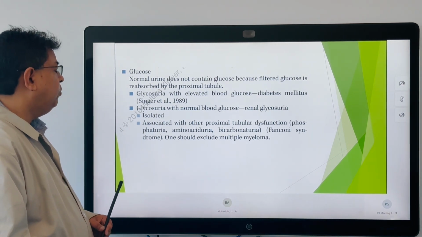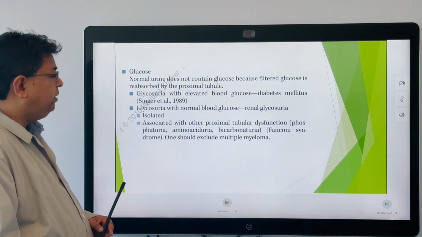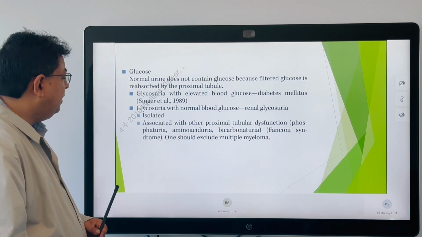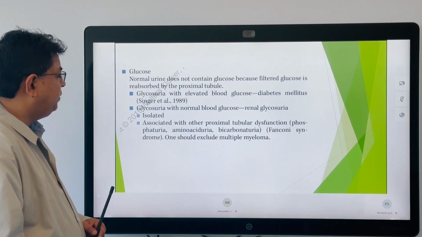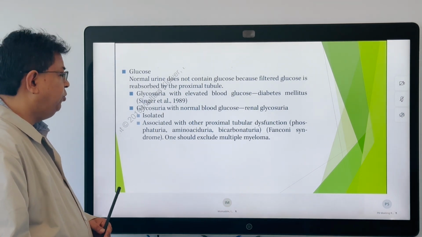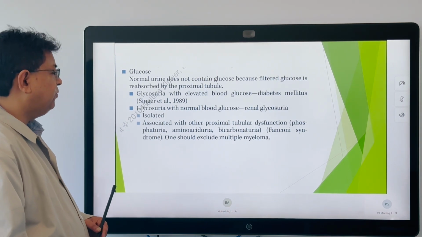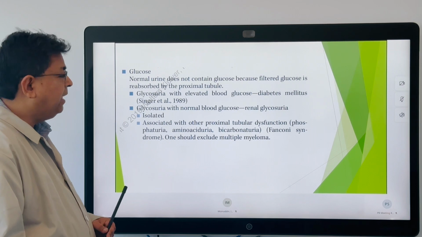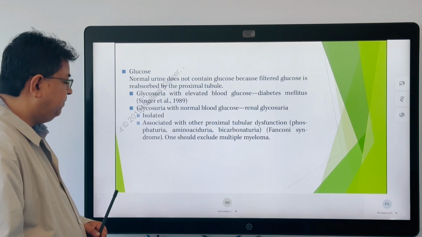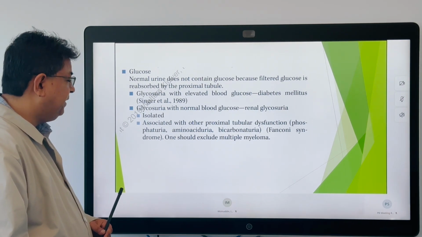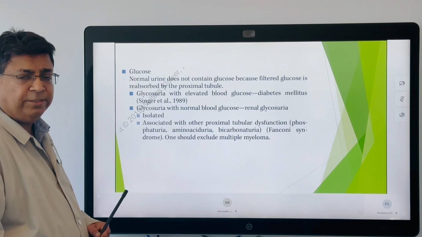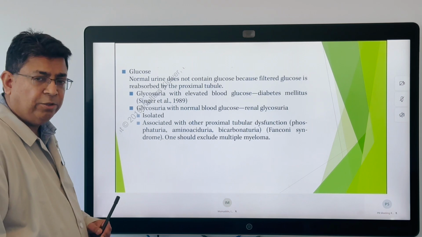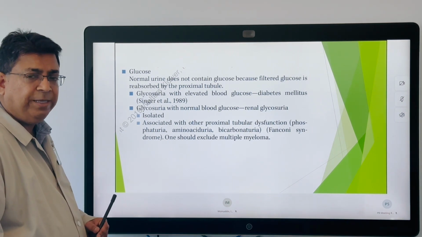If the serum glucose is normal and you have glucose in the urine, this is renal glycosuria, which can be isolated or associated with other proximal tubular dysfunction with associated findings such as phosphaturia, aminoaciduria, and bicarbonaturia. This is Fanconi syndrome. The most common cause of Fanconi syndrome is multiple myeloma, and this should be excluded, and the differential should be explored.